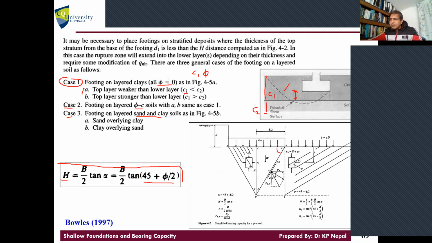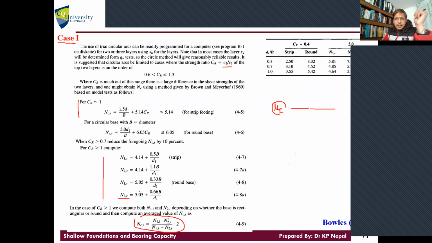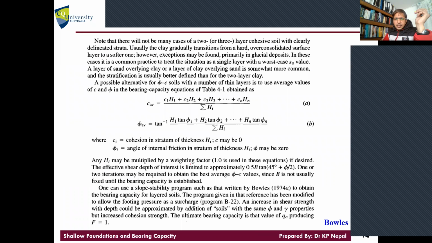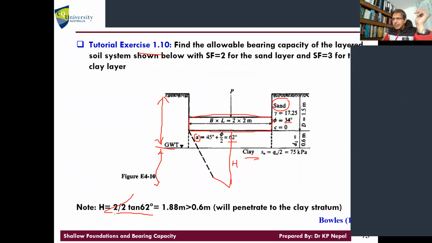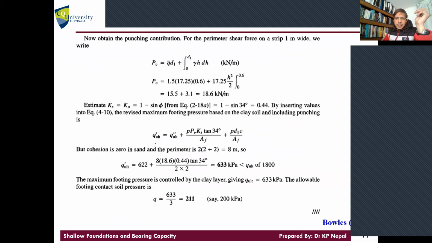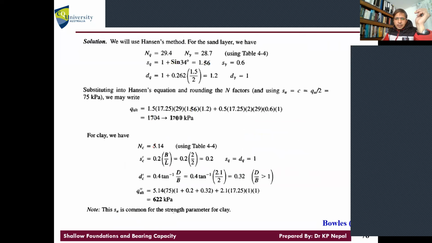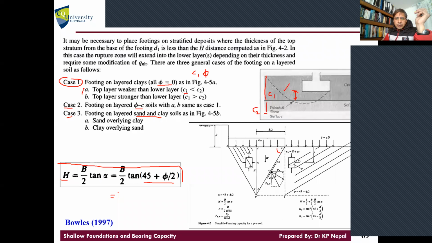How much did you get for the H value? So B by 2, what is the width of the foundation for our case? 2 meters, right? So now H equals 2 divided by 2, and tan 45 plus phi by 2.